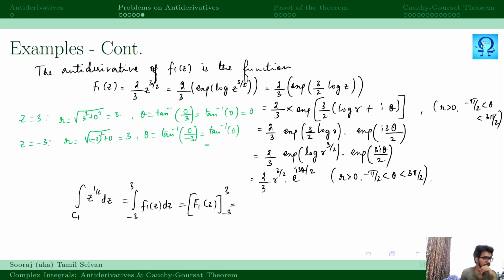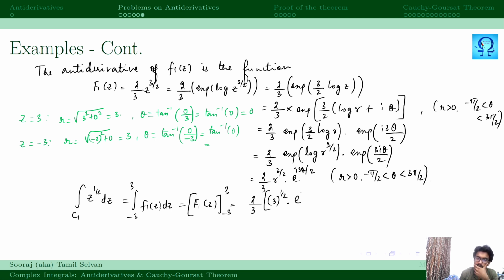This tan inverse of 0 is to be taken as what? If we choose this also to be the same thing, we'll end up with 0, but that cannot be the case. So here we have 2 upon 3, r value is 3, so 3 to the power 1 upon 2 multiplied with e to the power, here we would get 0, I suppose.